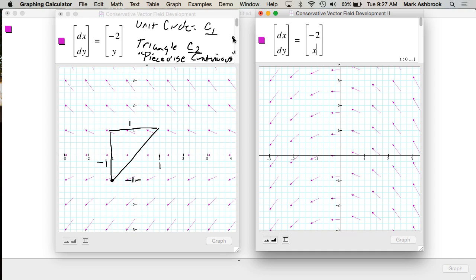C1, 1 trip around the unit circle, and C2, 1 trip around this triangle. Let's go this way, just because you asked. And then the unit circle will go counterclockwise around the unit circle.